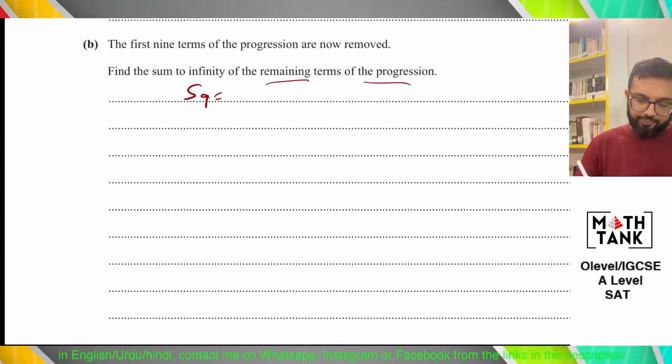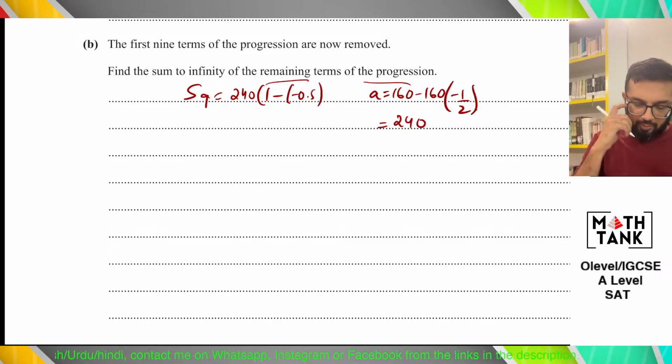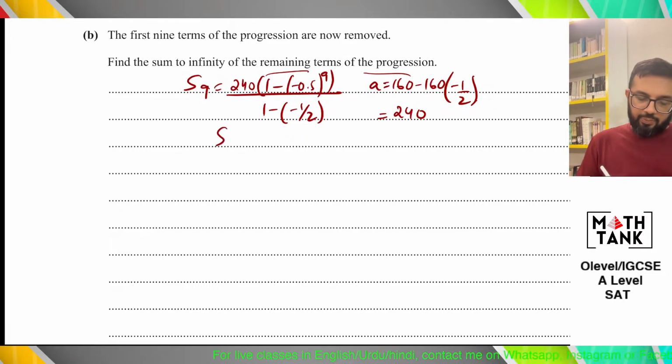I will have to find out A. It's 240. Power n. So that gives me 160.3125.